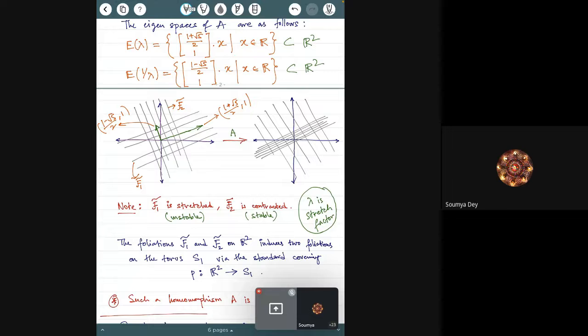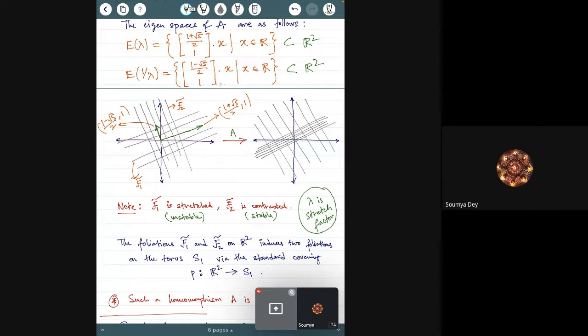So what is exactly happening? In one direction, the foliations are getting stretched. The leaves of the foliation are getting stretched, okay, namely in this direction, right?